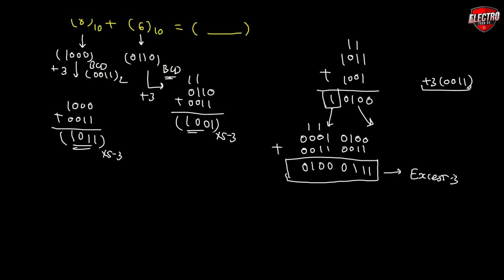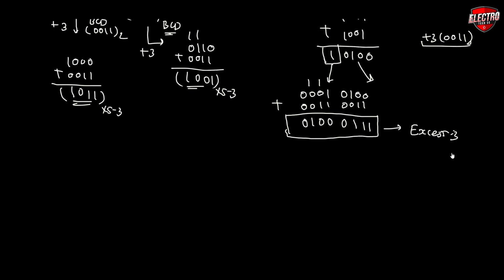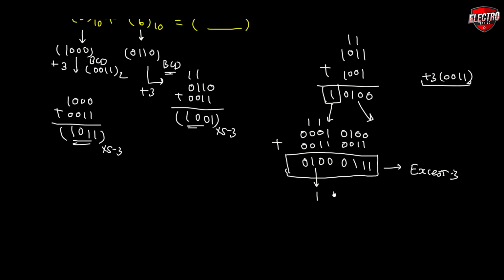Now if you convert this Excess-3 code into a decimal number, then the number indicates a BCD number, and that number indicates 1. Now if you convert this Excess-3 code in groups of 4 bits, then the first group indicates 1 and the second group indicates 4.